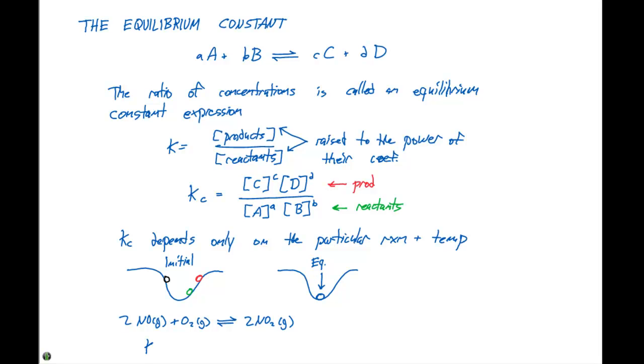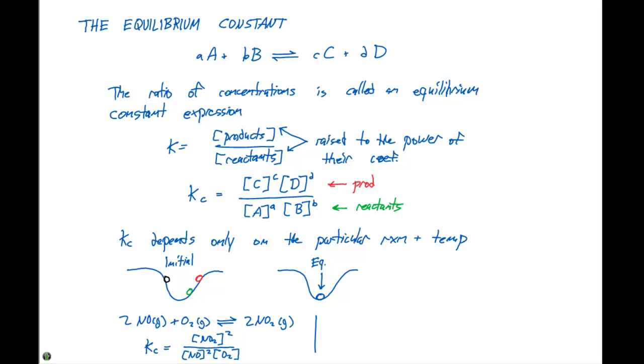To write the Kc expression, we would do the concentration of the products, which is NO2, raised to their coefficients, divided by the concentration of the reactants, also raised to their coefficients. So Kc would equal the concentration of NO2 squared divided by the concentration of NO squared times the concentration of O2.